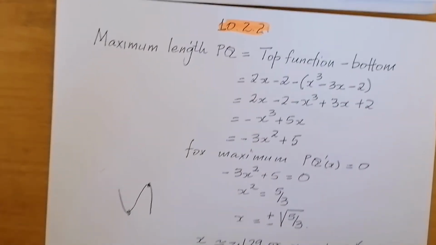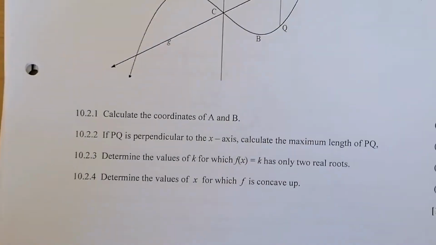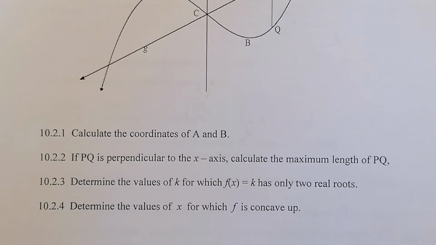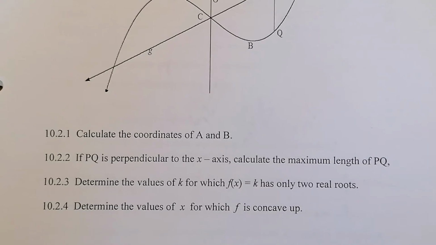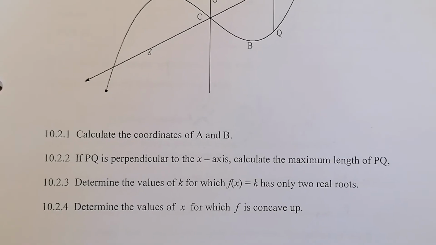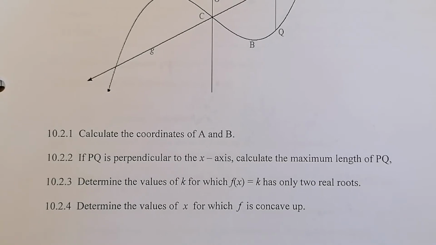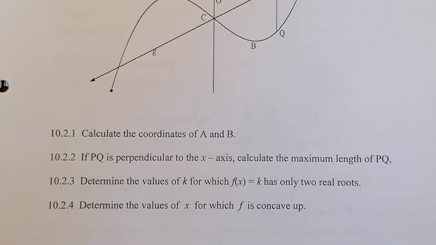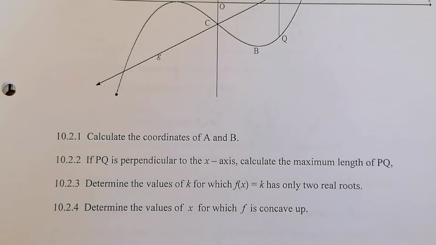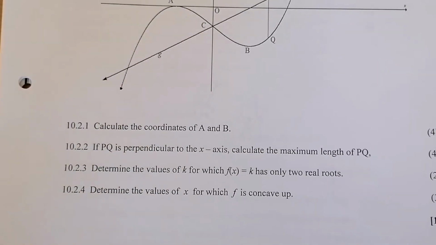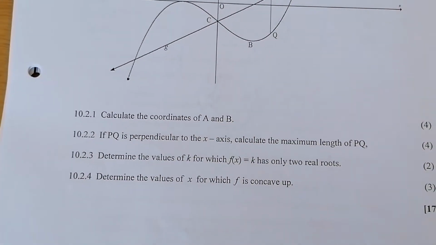Now let's move on to the next question. Our next question says, determine the values of k for which f of x, which is equal to k, has only 2 real roots. Folks, what are they saying to us here?